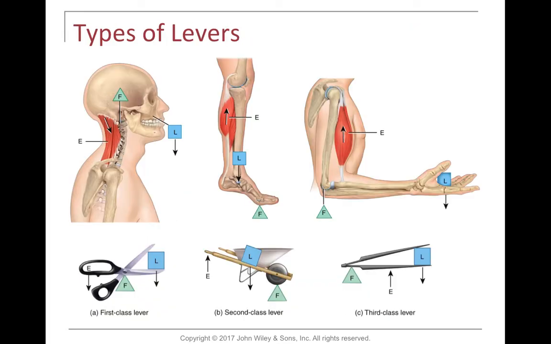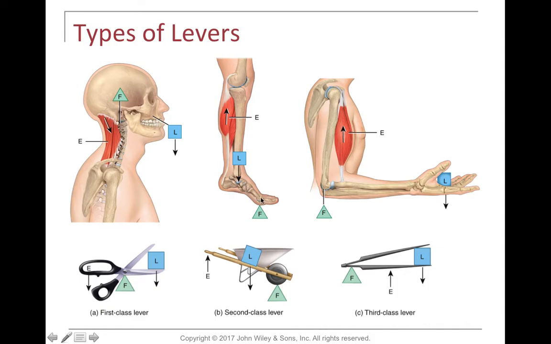A second class lever is going to have the load actually between the effort and the fulcrum. So an example that we know in everyday terms would be a wheelbarrow. So the fulcrum, that point from which we have the movement occurring, and then the load bearing in the center, and our effort is exerted from behind to push the wheelbarrow.